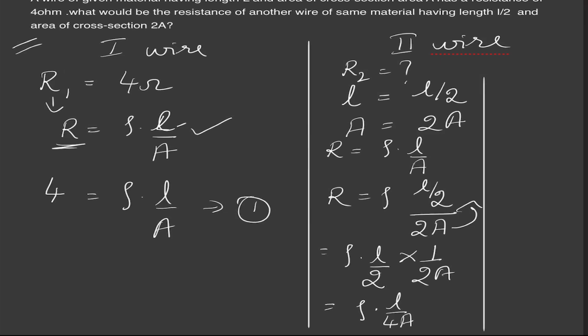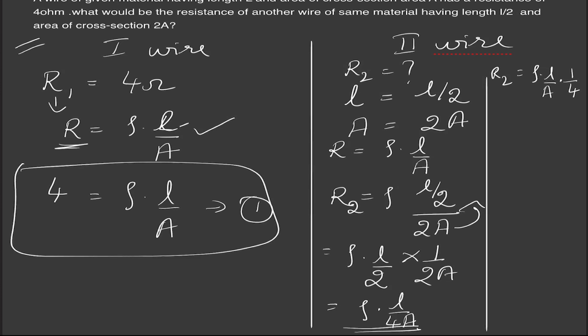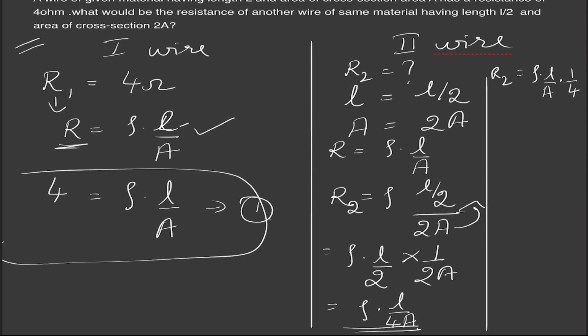So R2 is equal to, I will split it and write it as rho into L by A into 1 by 4. I have just split it in this way so that I can substitute equation 1 here. What is equation 1? The resistance of the first wire, that is rho into L by A, is equal to 4.